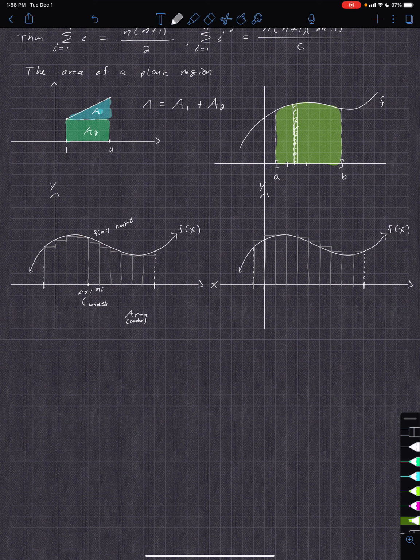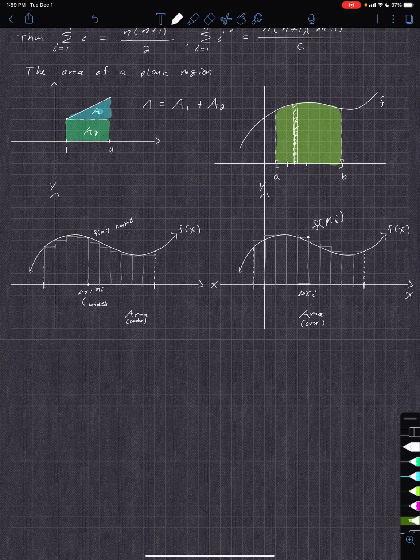And you do the same thing. You're going to have your delta x sub i as this width, and then you have a height. Now this time the height is going to go to here. Usually they call that capital M sub i. We'll call this area over, and that's called a circumscribed rectangle.